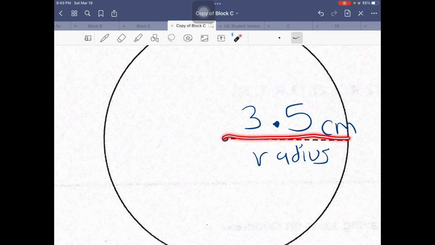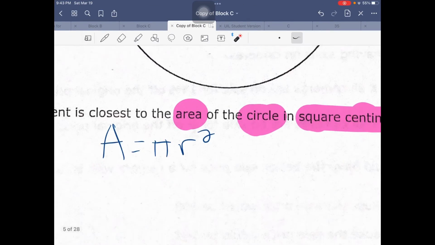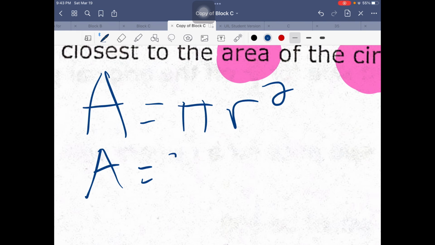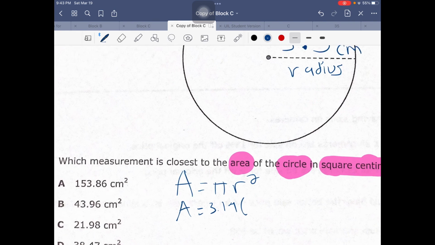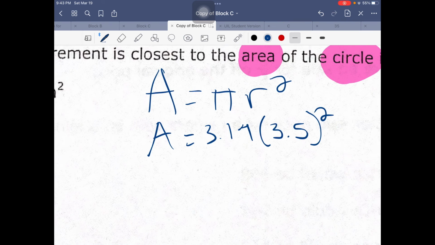Half of the diameter is called radius. So this is what we're going to plug in. So we have, what's pi? 3.14. And then we have 3.5 squared. We find this, we find our answer.